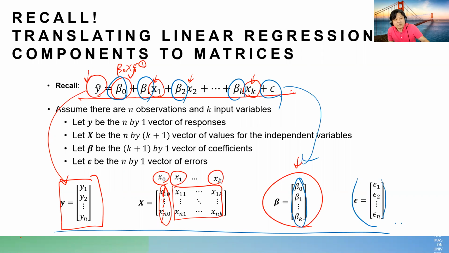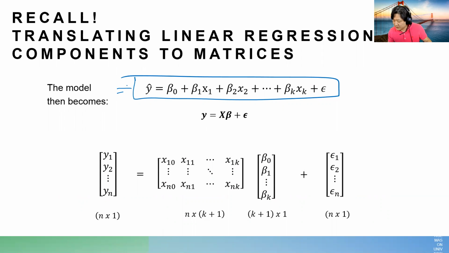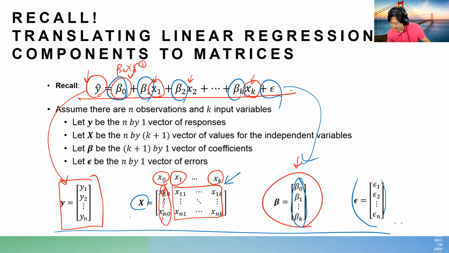This linear model can be expressed as the Y vector is equal to the X matrix times the beta vector plus some error vector, right? Look at this. This is the X matrix, this is the Y vector, this is the beta vector, and this is the error vector.